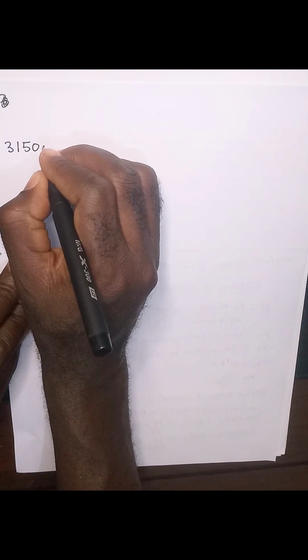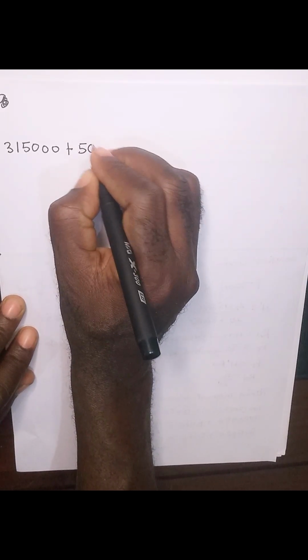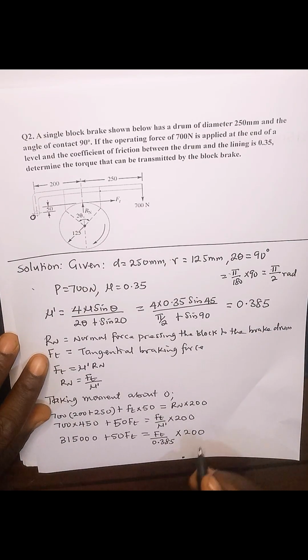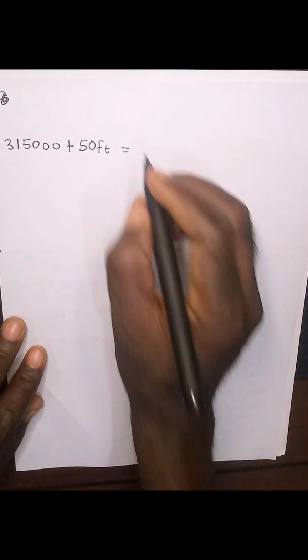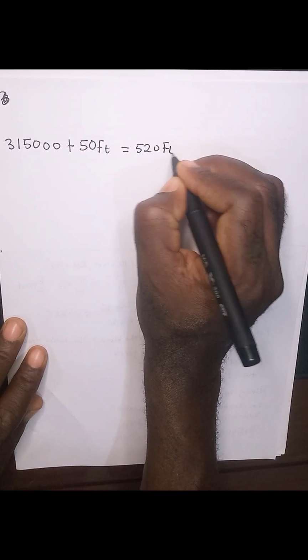Then we have 315,000 plus 50 Ft is equal to, then from here when we look at this one, 200 divided by 0.385 will give us 520 multiplied by Ft.